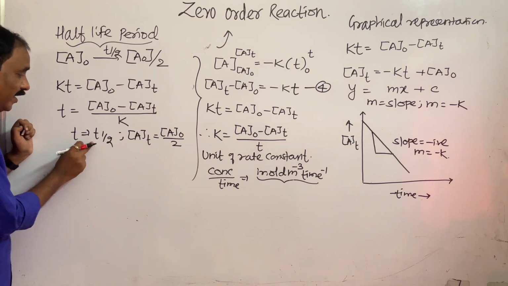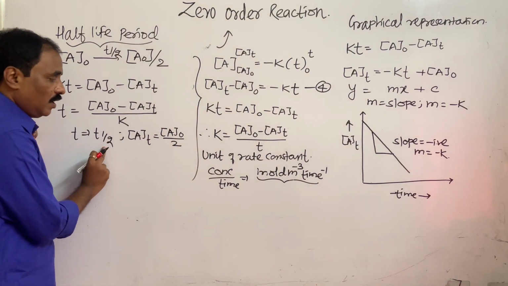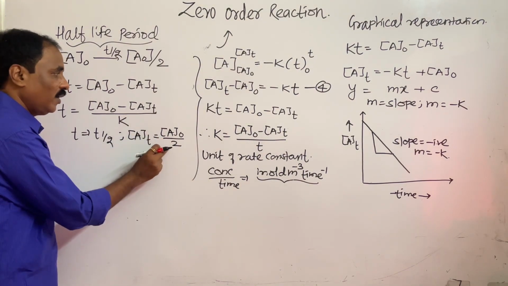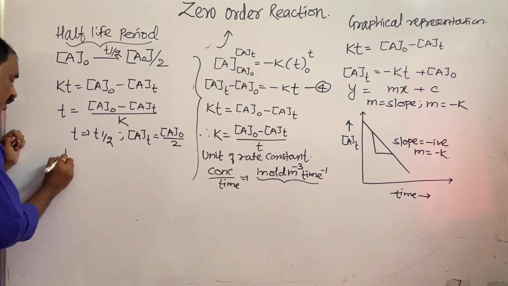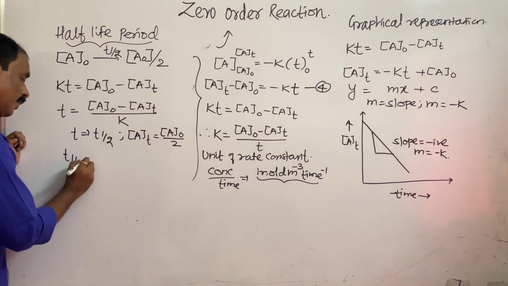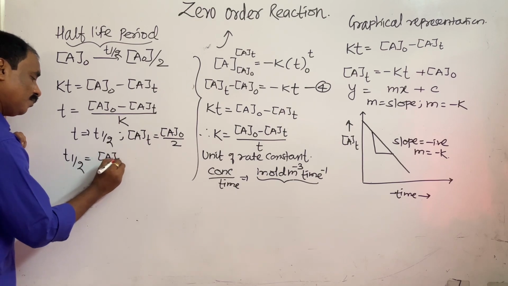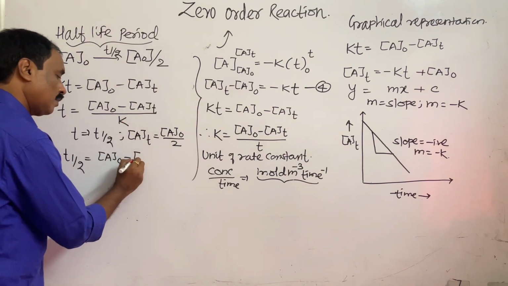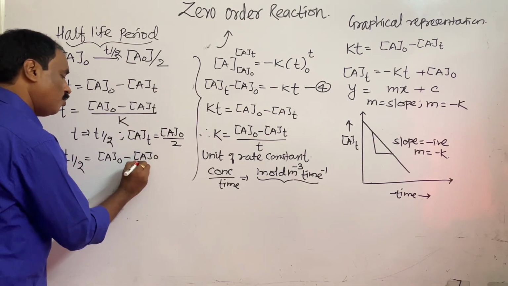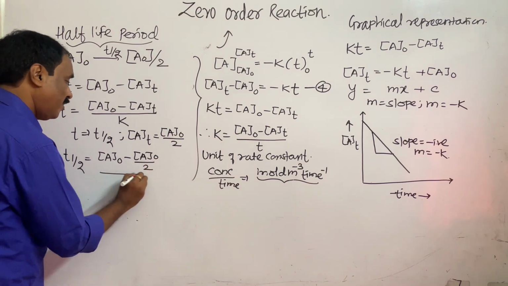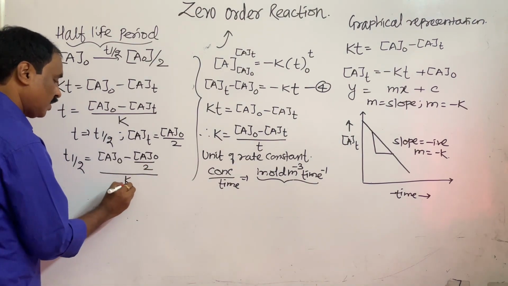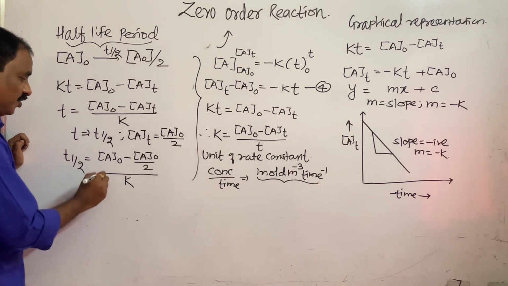Put these values, time t is equal to t half and At is equal to A0 by 2, in this equation. So the equation will be t half is equal to A0 minus A0 by 2 divided by k. Now solve this, it is very simple.